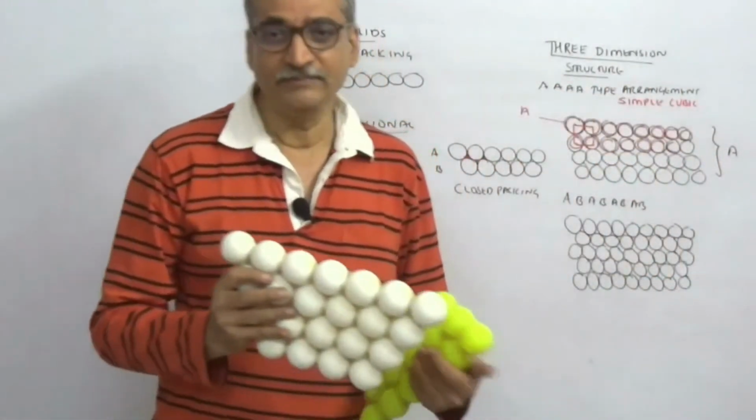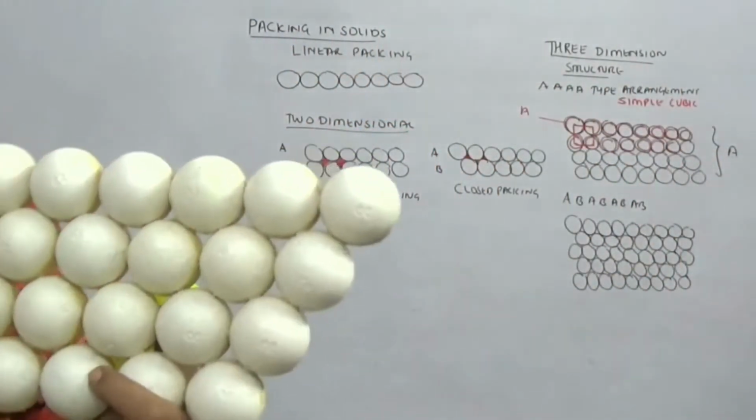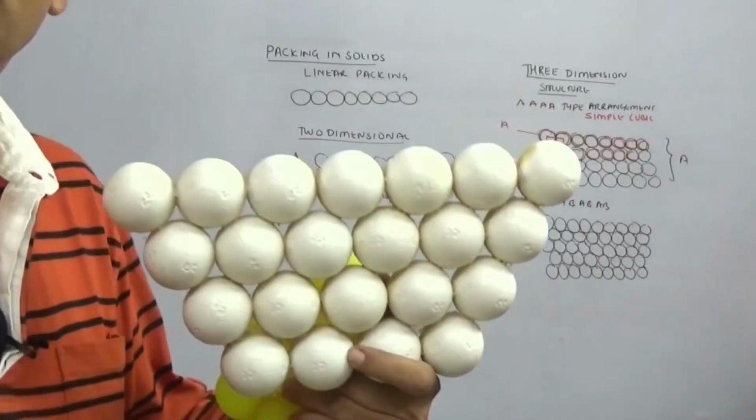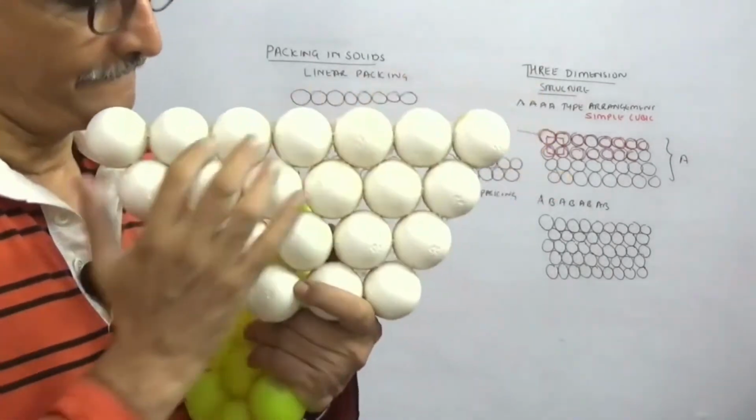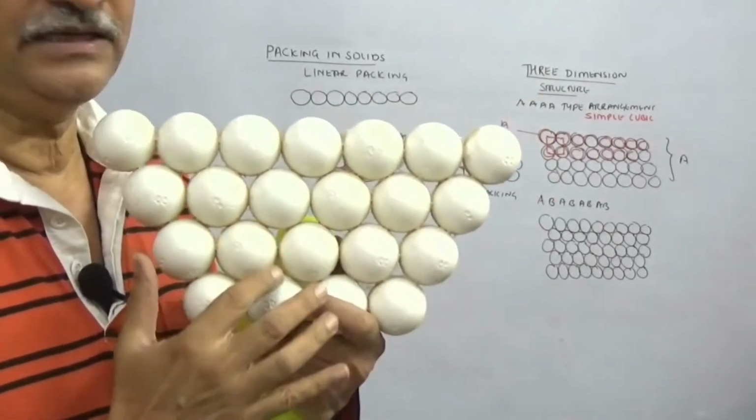This chapter takes a little more time because of the model only. So you can see, now you can see properly. See, this is the first layer, the second layer, third layer and the fourth, and it's a closed packing.